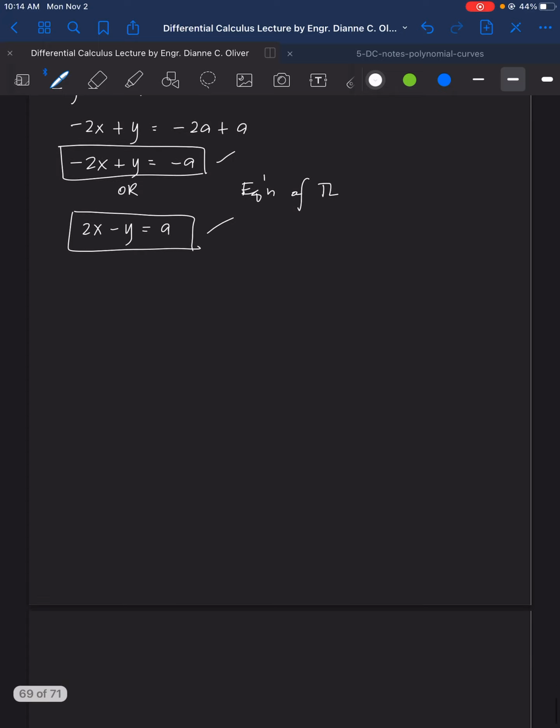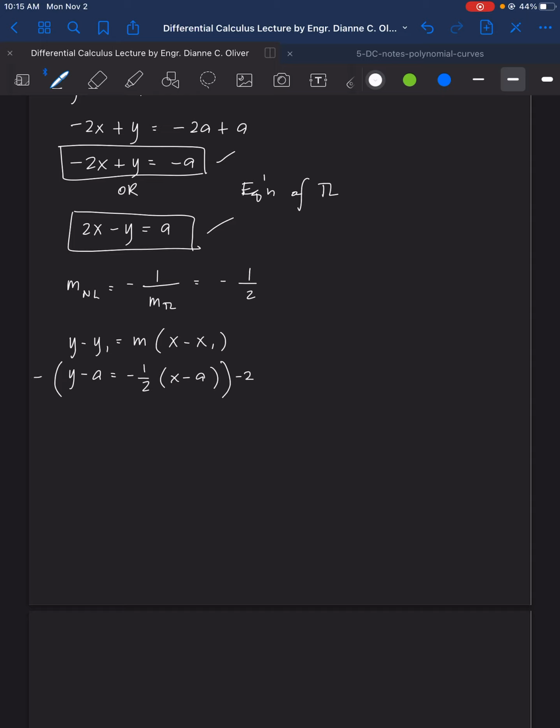Now for the normal line, m of the normal line is the negative reciprocal of m of the tangent line, negative 1/2. So y minus y1 equals m times x minus x1. Then multiply both sides of the equation by negative 2 so that we can cancel out this and distribute on the other side.